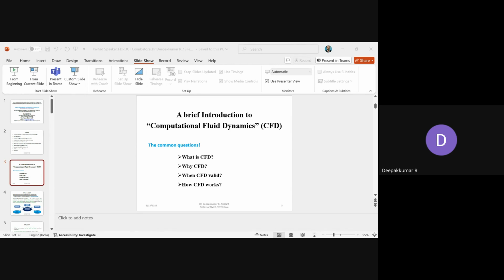Depending on your problem, the 5 values may change, and this is the general equation. These equations will be solved with a finite volume based solver. There are n number of software packages, like ANSYS Fluent, ANSYS CFX, Star CD, HyperMesh and Converge.